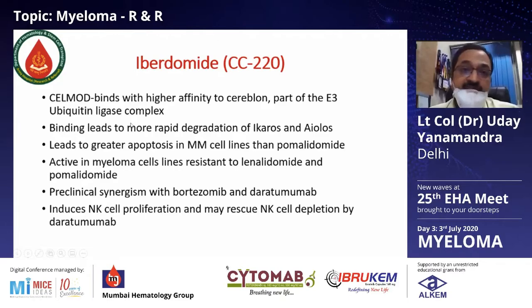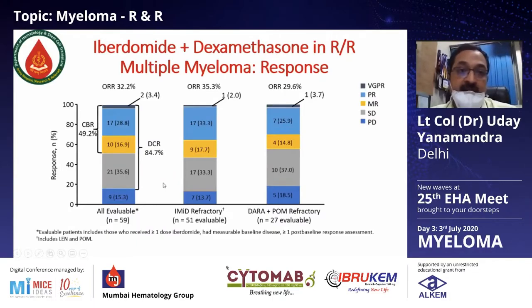The second CELMoD which was spoken about was iberdomide. This is another drug, same mechanism of action. It also has shown preclinical synergism with bortezomib and daratumumab by inducing NK cell proliferation and may rescue NK cell depletion by daratumumab. So by giving this particular drug in combination with dara, there might be a greater synergism.